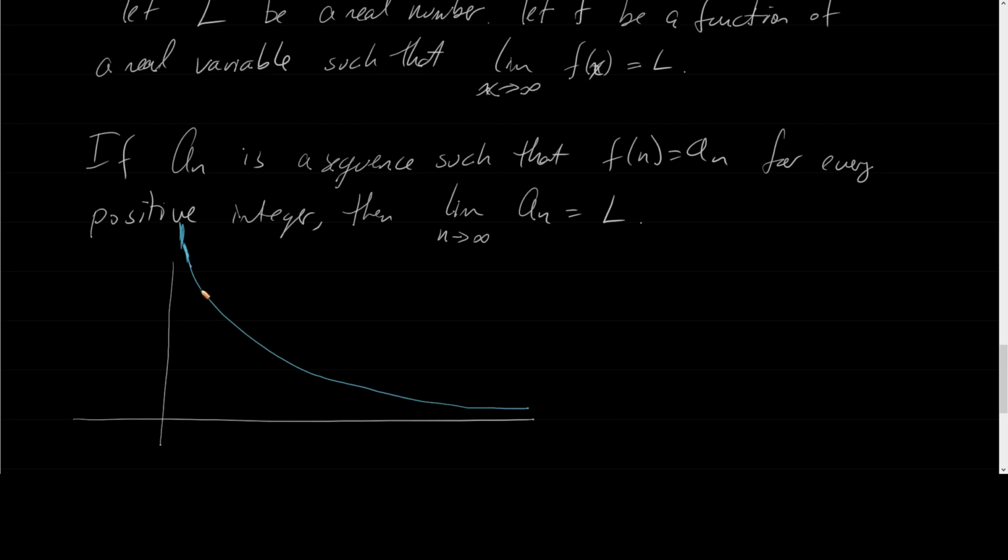So, for example, here, and here, and here. Right here in yellow, I'm drawing the sequence. So this is the sequence. So what we're saying here is, if the sequence and the function agree every time you plug in a whole number, then they're going to have the same limit because they're behaving the same way overall. That's what this theorem is saying.